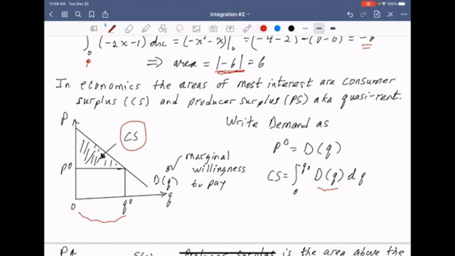But because this area is included in there, we need to then subtract from that the amount P0, Q0. Otherwise we get the wrong answer here.